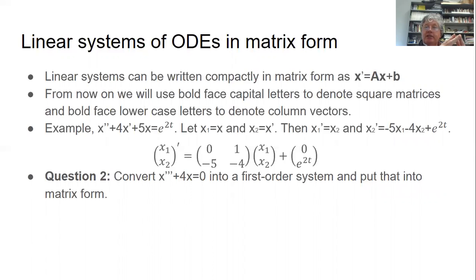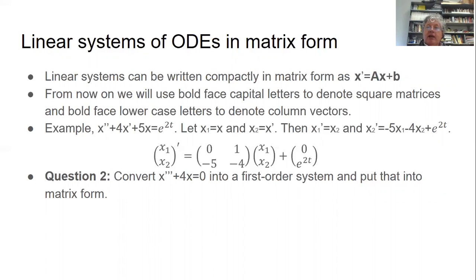We turn it into a system of first order equations by letting x1 be x and x2 be x prime. Then we have x1 prime equals x2, and x2 prime equals, well, we put everything on the right hand side, so we get minus 5x1 minus 4x2 plus e to the 2t.